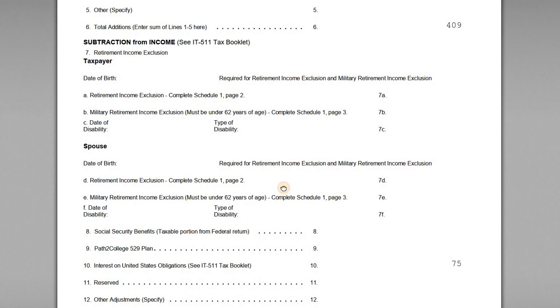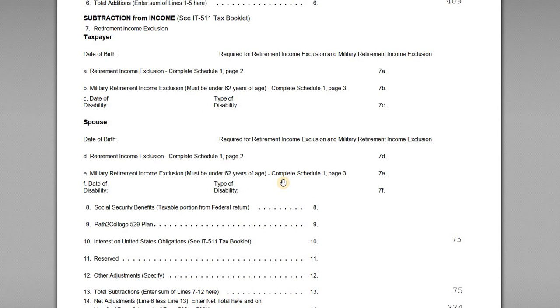And then the subtraction from income is the interest income on the treasury. So line 10, interest on U.S. obligations. There's the $75. So $75 of treasuries is taxable at the federal level, but the states cannot tax it. That's why we have a subtraction to our federal AGI for the $75 there.